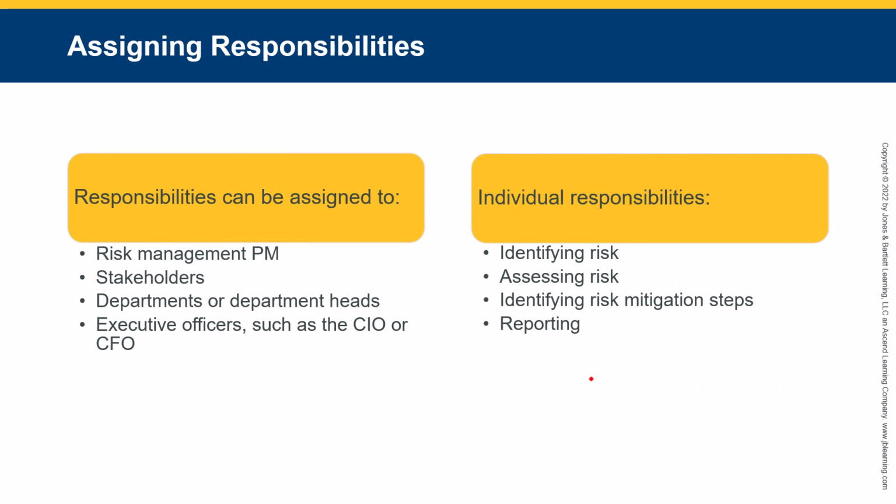So, how do we assign responsibilities? Normally, you look at the stakeholders, the departments, the executives. You look at the risk management team, and those are the ones that we're assigning those responsibilities to. If we're looking at the individuals, you need to identify the risk, assess the risk, identify the mitigation, and report.